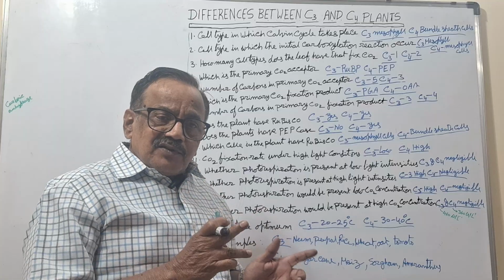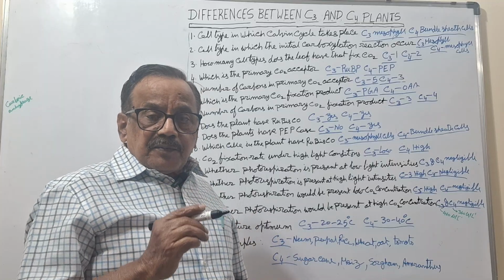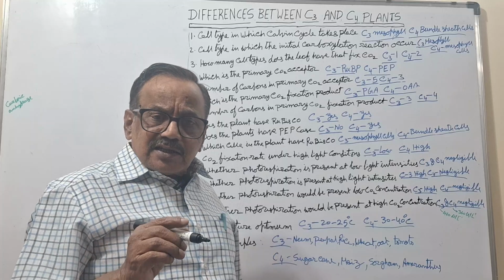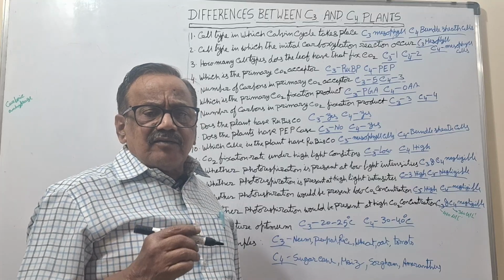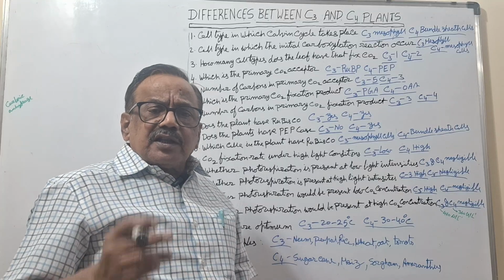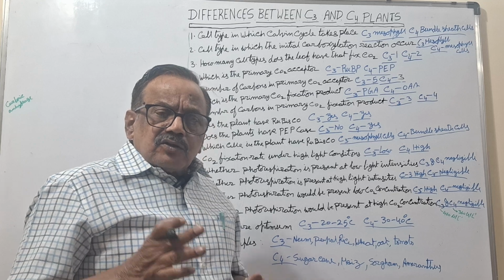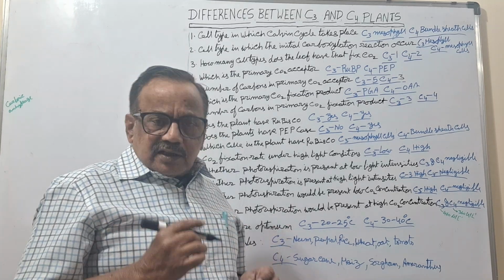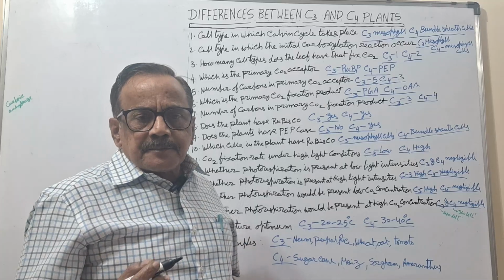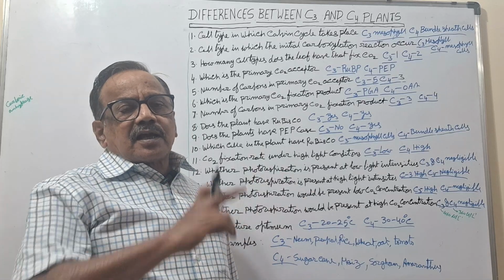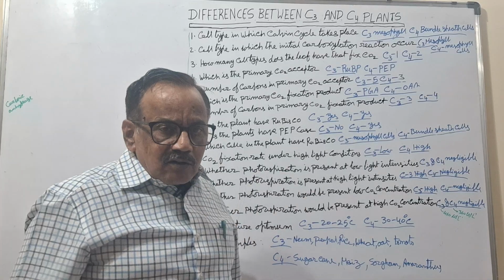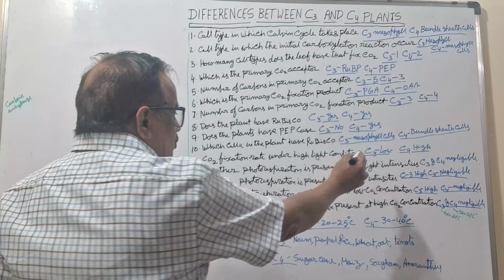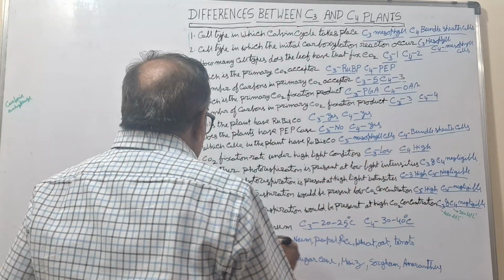One is in the mesophyll cells, by the PEP carboxylase (phosphoenolpyruvate carboxylase) enzyme, where oxaloacetic acid forms, and the second is RuBisCO in the bundle sheath cells. In the bundle sheath cells the temperature is already reduced, and oxygen is not there because of the thick cover around the bundle sheath cells. So C4 plants will be high.